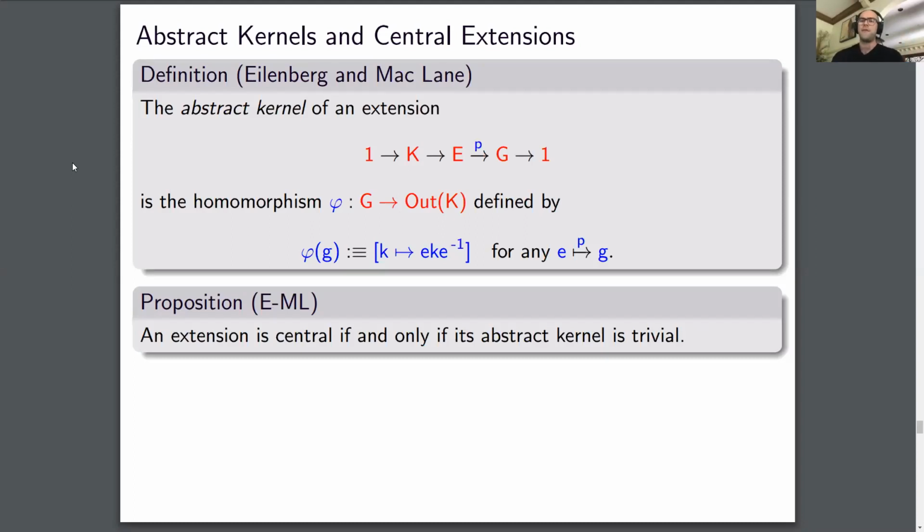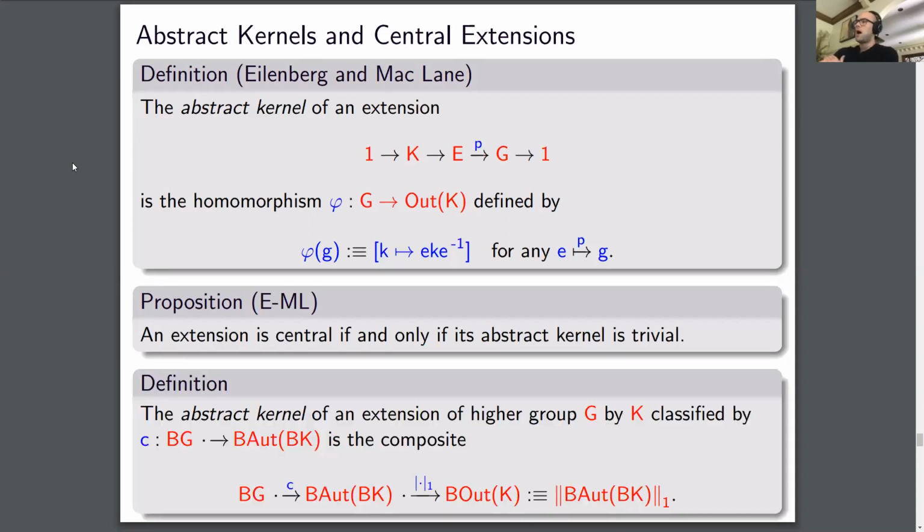And so if K is abelian, then it's true that an extension is central if and only if its abstract kernel is trivial. So that's just a sort of trivial little exercise in group theory. I hope it's believable looking at the definition, right? If that's trivial, meaning that that's the identity, then it's central, if K is abelian.